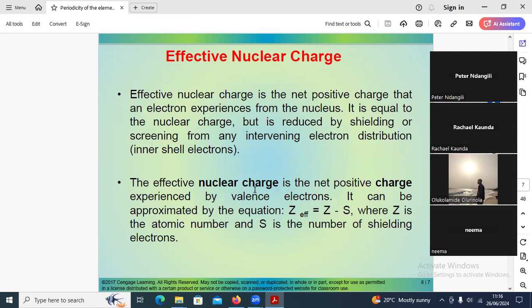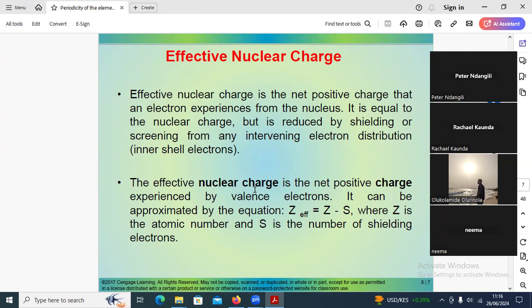And when we talk about the effective nuclear charge, this is defined as the net positive charge that an electron experiences from the nucleus. And this is equal to the nuclear charge of that particular element, but it is reduced by factors such as the shielding, the screening, or the electron repulsions that result from multi-electron atoms.